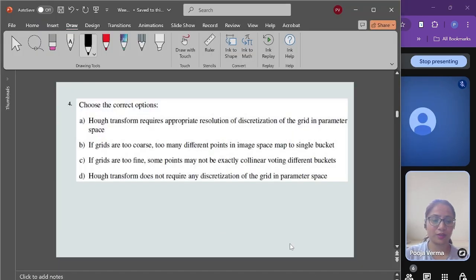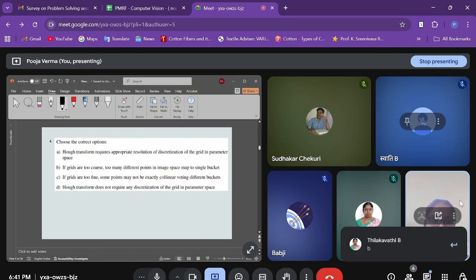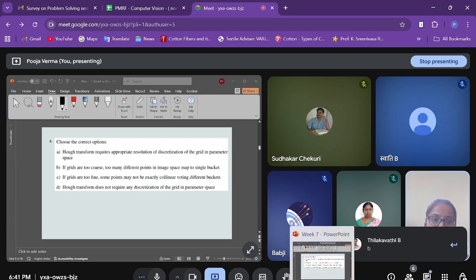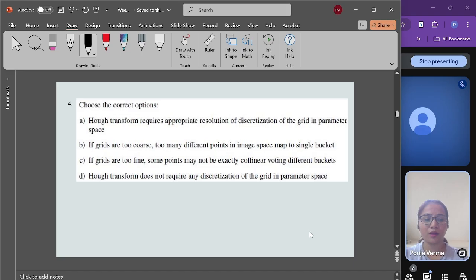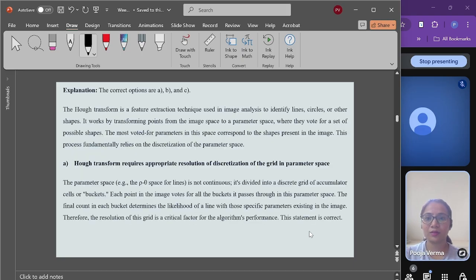Okay, so let's break down the detailed explanation. The correct options are A, B, and C. So let's see what the Hough transform is. The Hough transform is a feature extraction technique used in image analysis to identify lines, circles, or other shapes.